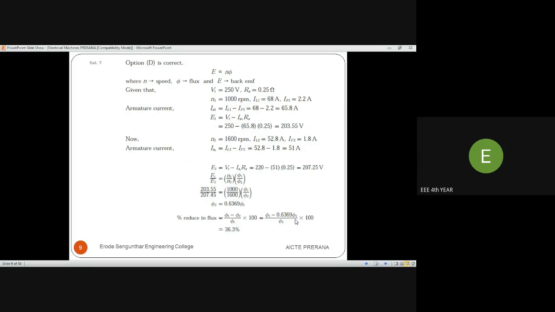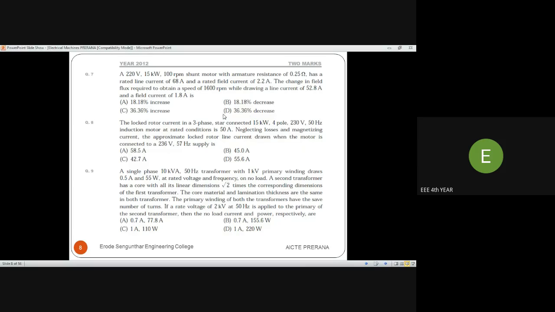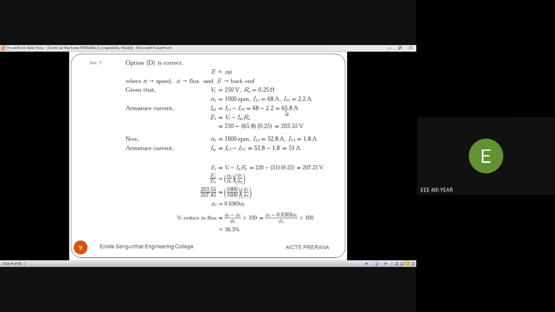We can substitute these parameters and get 36.3% reduced value, decreased value. That means taking phi1 outside, we get 1 minus 0.6369. So the final value is approximately 36.3% decrease. That is option D, it is the correct answer, 36.36% decrease. It is a simple problem.